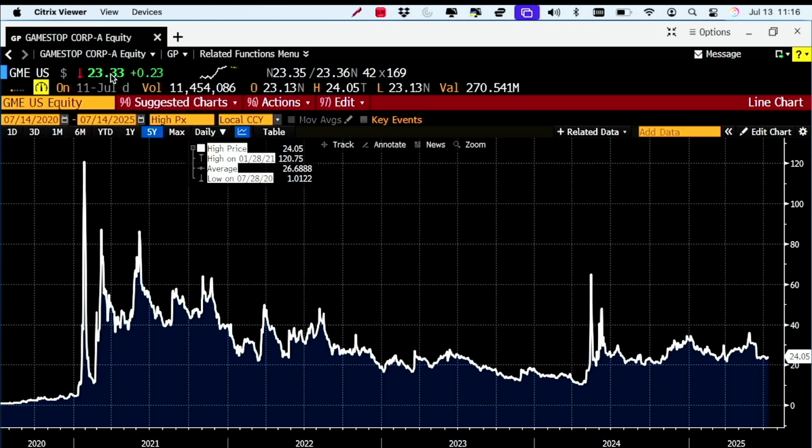You can see some other information about GameStop, its current price. Actually, the market is closed right now, so that's not live. But I've got historical prices all the way back to the middle of 2020 here. And by the way, these are high prices for the day. These are not closing prices.